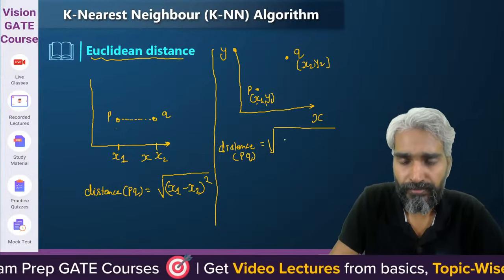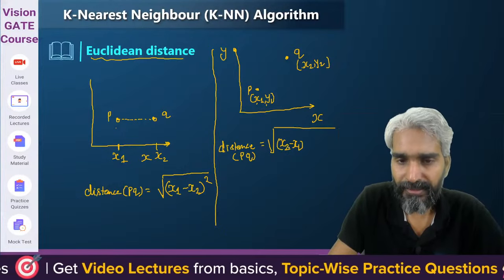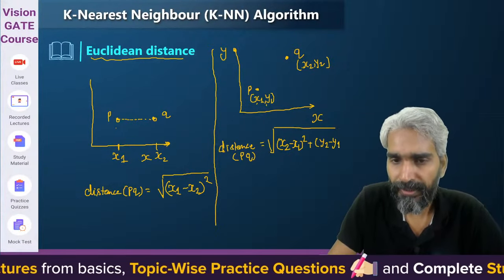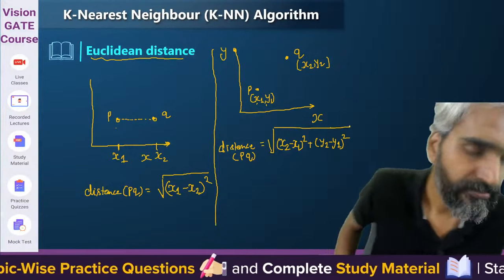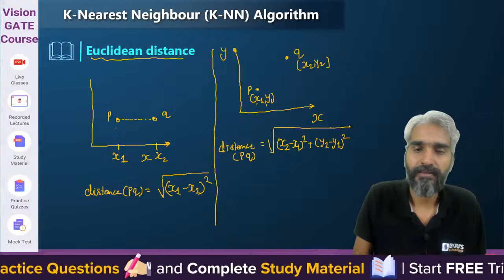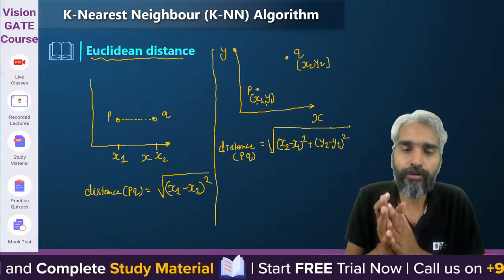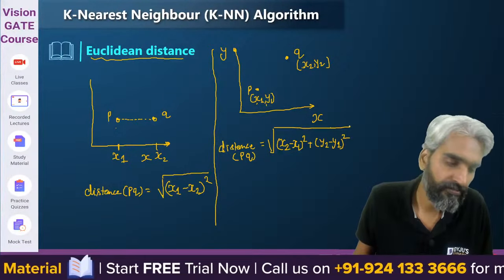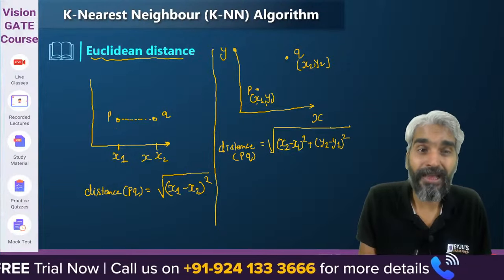That's what we do: x2 minus x1 whole square plus y2 minus y1 whole square. Yes or no? In a while, I am going to derive a new formula.